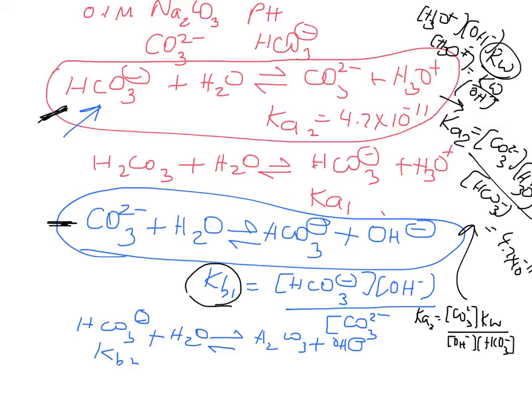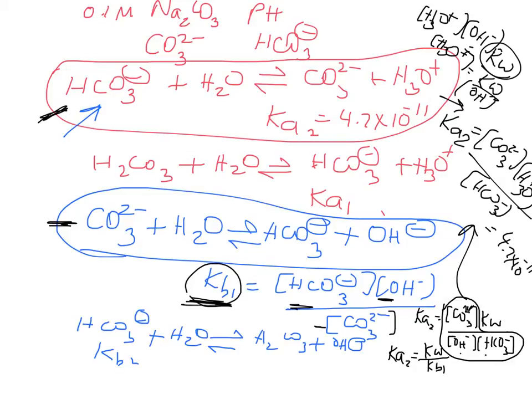I want you to compare essentially the Kb1 value that was given, that had bicarbonate times hydroxide in the numerator, carbonate in the denominator. And now I have written that carbonate as the numerator and hydroxide and bicarbonate in the denominator. So can I say that essentially this part, that entire part, is nothing but 1 over Kb1, or that Ka2 is going to be equal to Kw divided by Kb1.